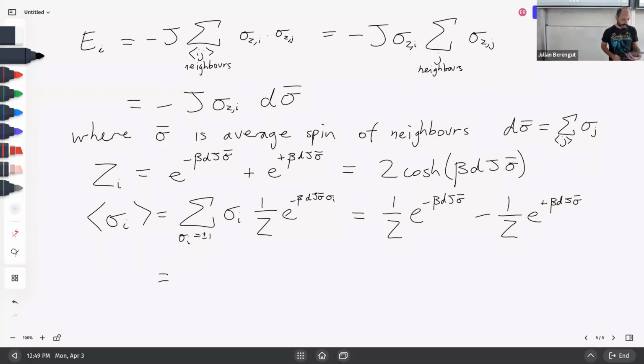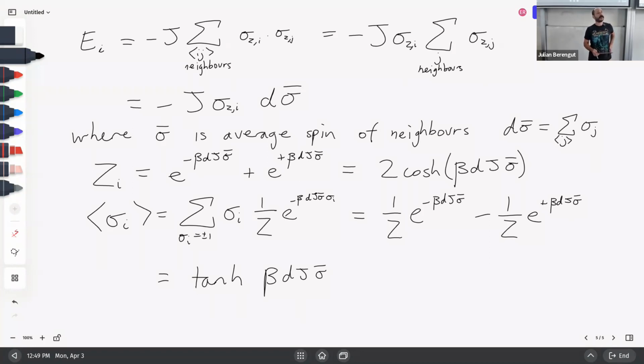This guy is called tanh. So that gives me the expectation value of sigma.